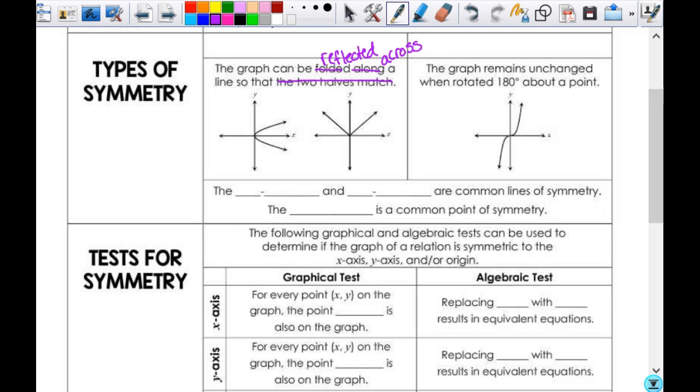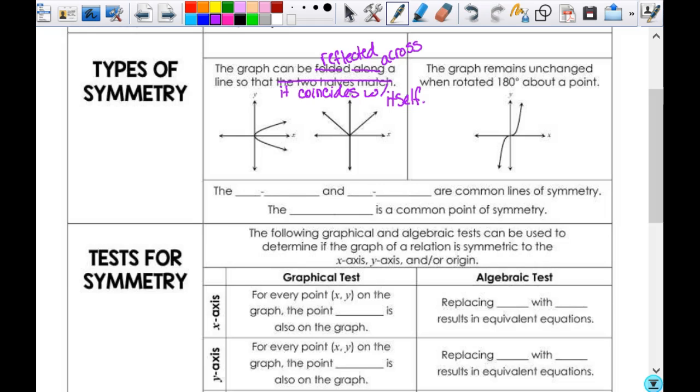Turn it off. All right, so the graph can be reflected across the line so that it coincides with itself. So let's talk about that big word there. It's like a $5 word, right? When you graphed lines in algebra, you could have lines that were coinciding. They could be parallel or intersecting or coinciding.